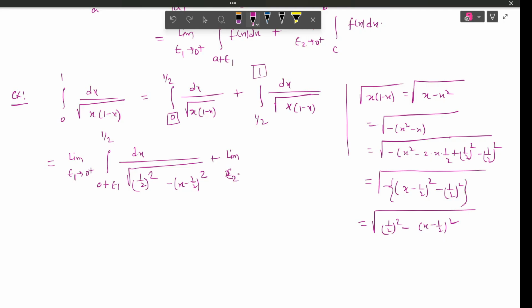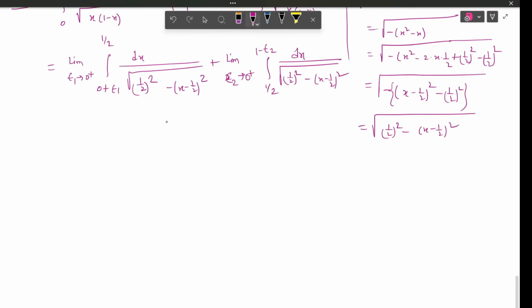Let us say this is epsilon 2 tends to 0 plus, integration half to 1 minus epsilon 2. For upper bound, we have to subtract. For lower bound, we have to add. So it will be dx by the same thing, square root of half square minus x minus half square.